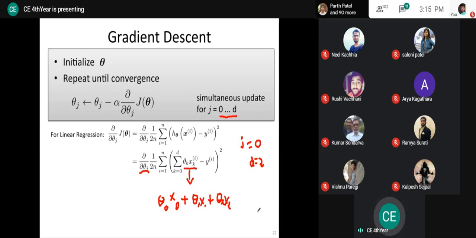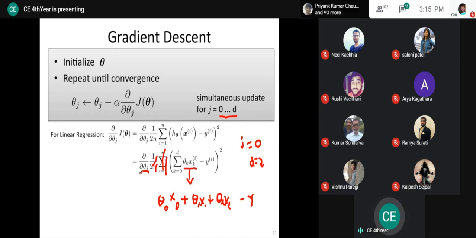Right. And this y value is as it is, minus y, and this will repeat for all n examples. Right now, let's assume that we just have one example. So no need to worry about this. Assume that there is only one example. Fine. Also, no need to worry about this equation then.